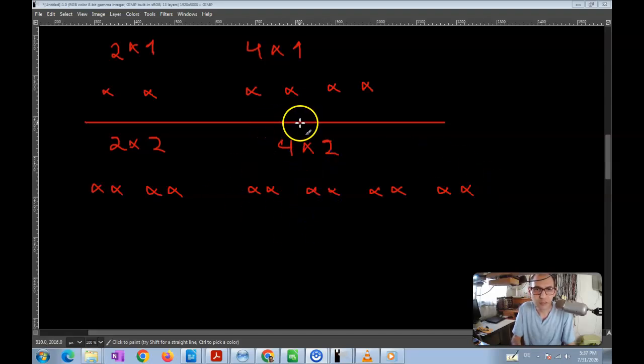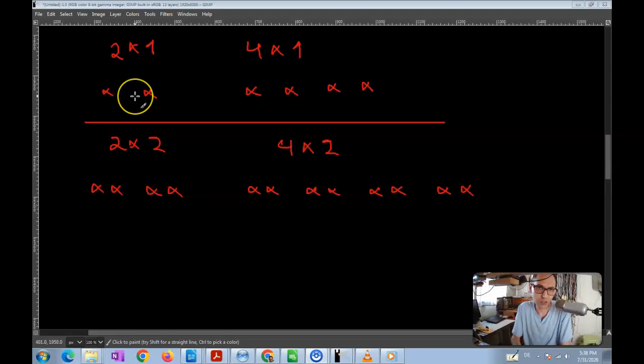So that means the total number of objects over here is always going to be twice the total number of objects in these groups, simply because you're doubling the number of groups.